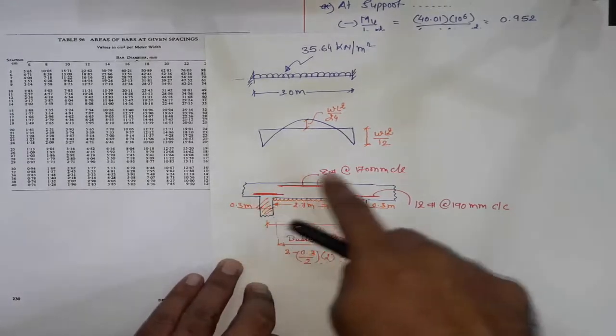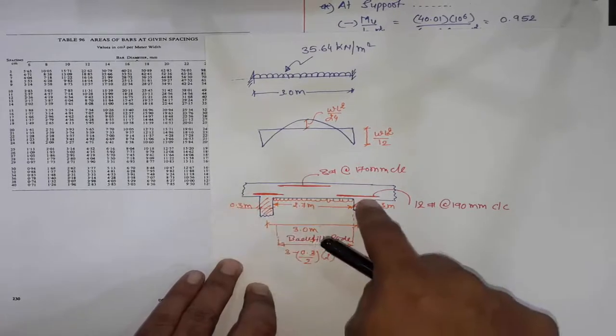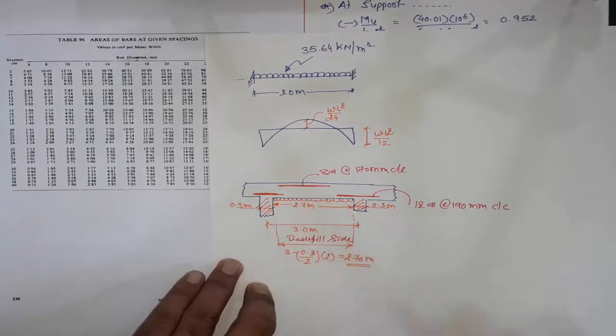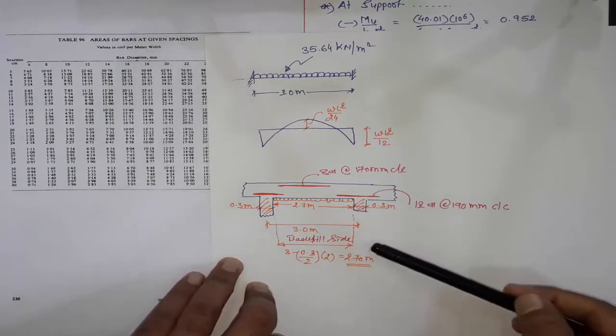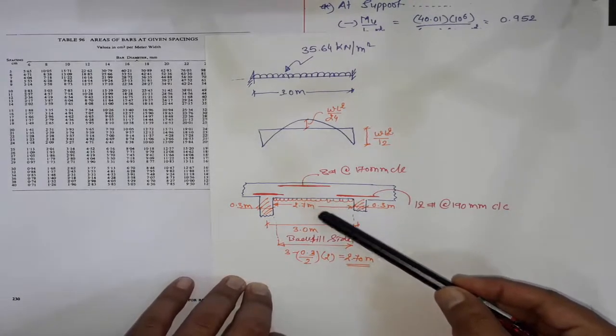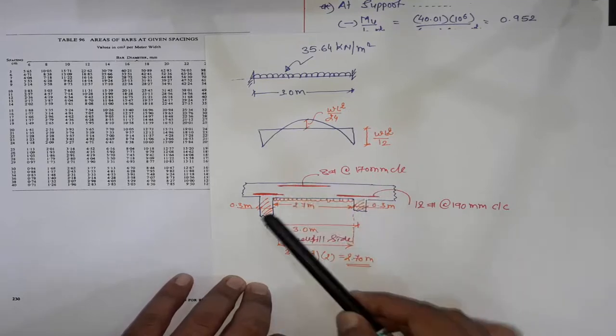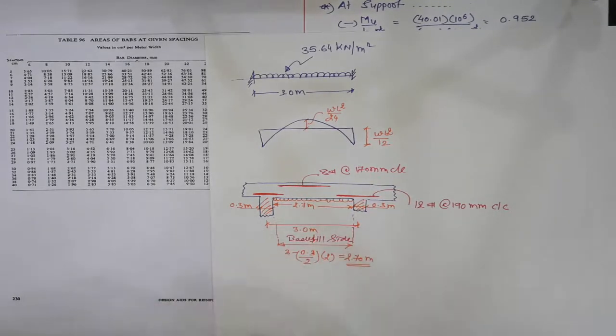We will see this detailing later on. This is just for your reference and for easy understanding. Just keep in mind that the tensile reinforcement towards backfill will be at support and tensile reinforcement away from backfill will be in the mid span, that is the span between two counterforts.